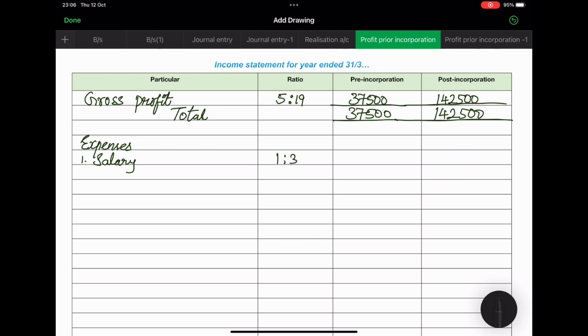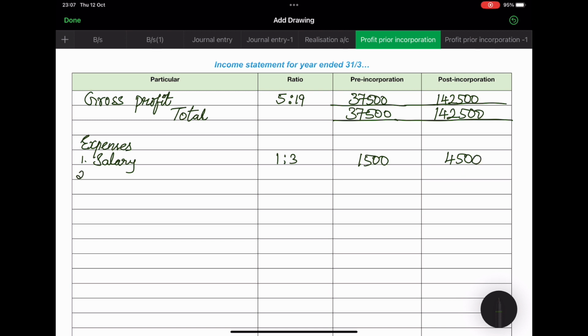Total salary given is 6,000. 6,000 into 1 by 4 is 1,500, and next 4,500. So 1,500 for pre-incorporation and 4,500 for post-incorporation.